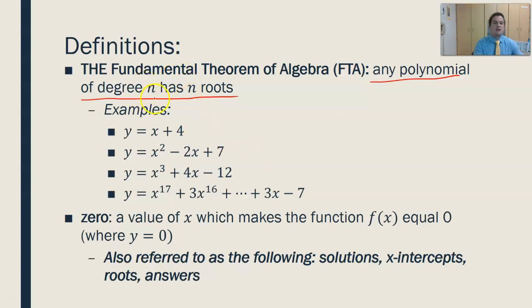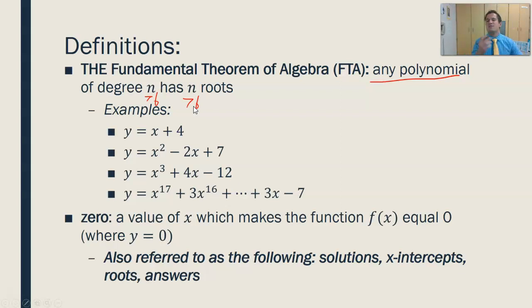So any polynomial of degree 1 is going to have one root, or one solution. Any polynomial of degree 2 is going to have two roots, or two solutions. Any polynomial of degree 3 is going to have three roots, or three solutions. Any polynomial of degree 76 is going to have 76 roots, or 76 solutions.